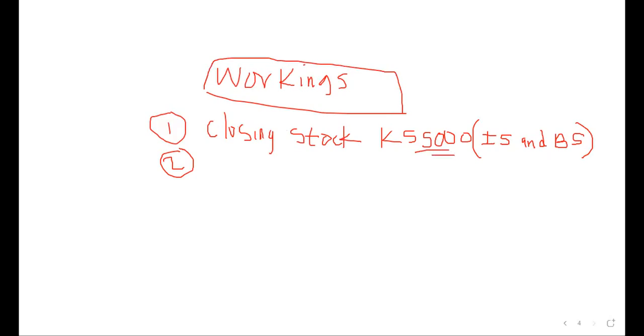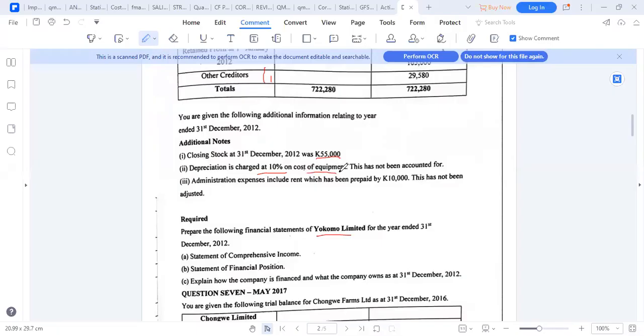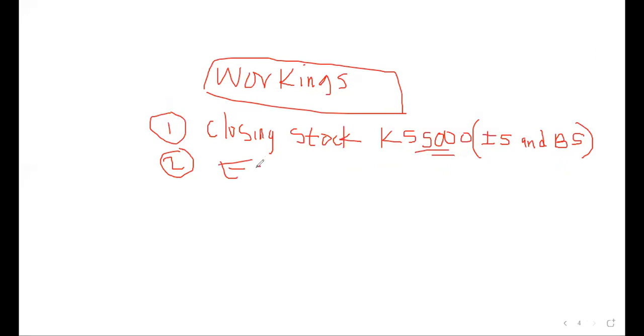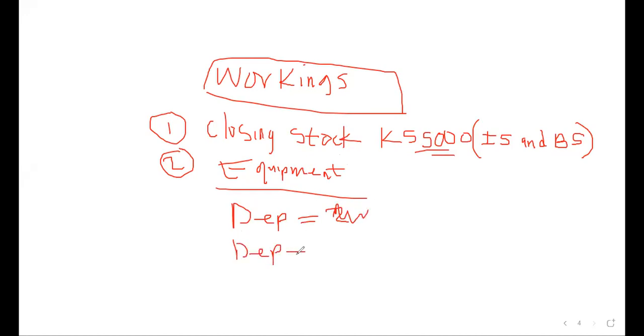Getting down to working two. We are saying depreciation of the equipment is 10% on cost. So, 10% on cost for the second one on the depreciation, equipment. Our depreciation question says 10%, of course. If it is on cost, it means that it is on a straight line method.